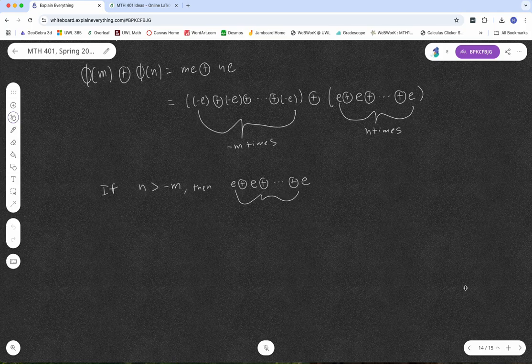Let's pick some specific numbers. 7 and 4. So that means m is negative 4. Then we have 7 plus negative 4, so we'll have 3 of those left.